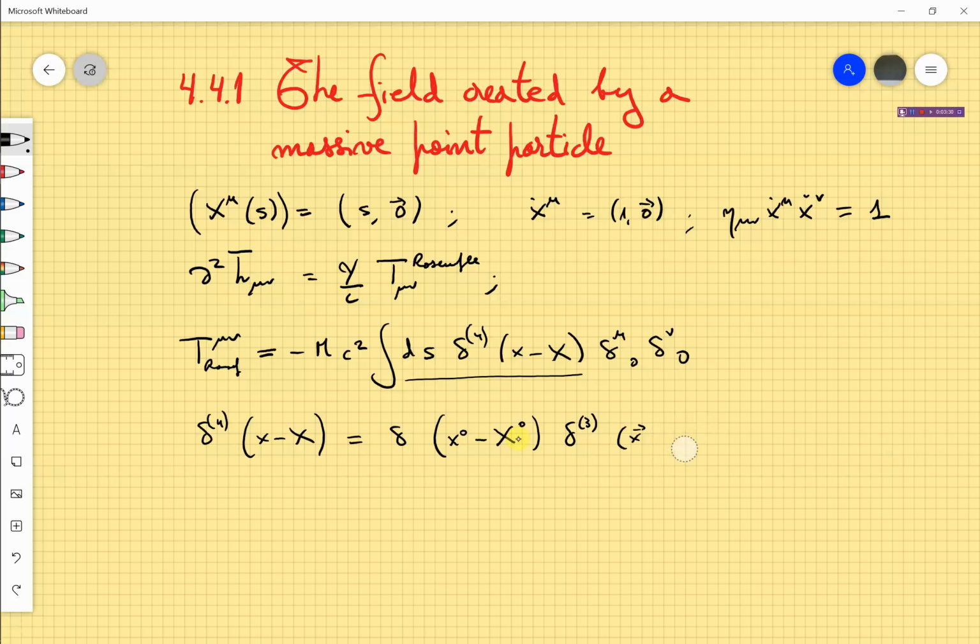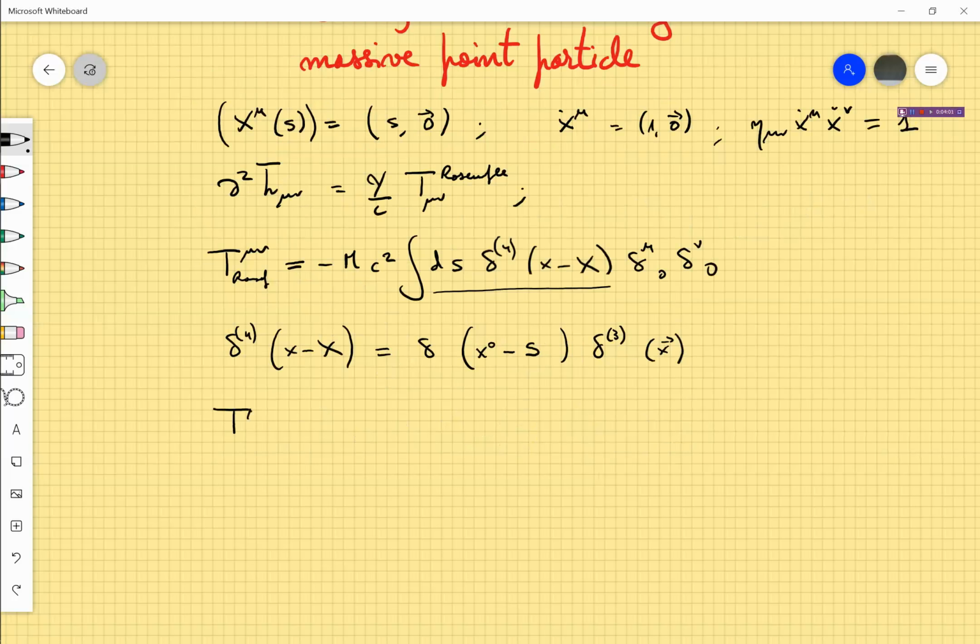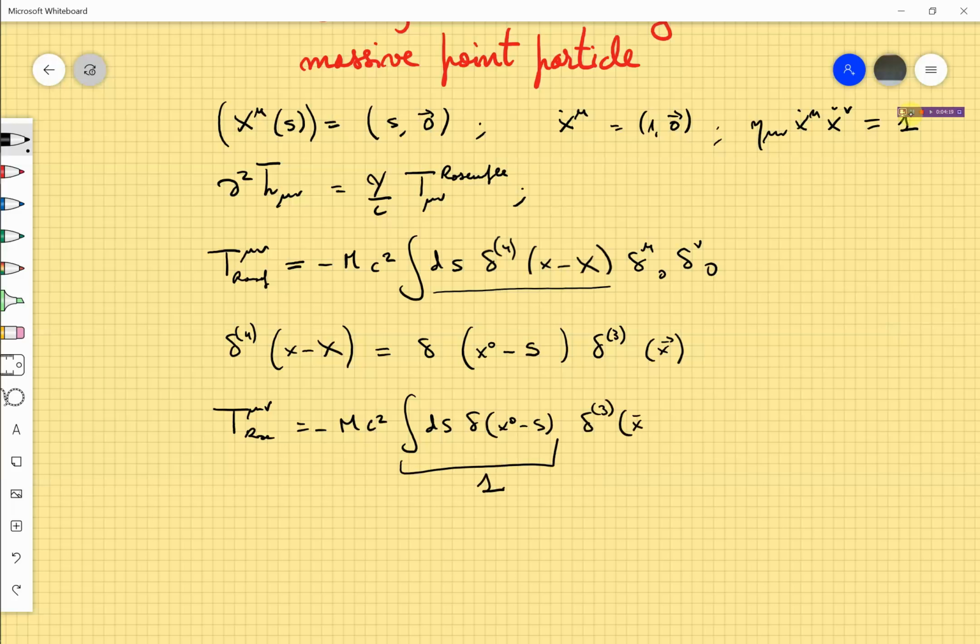This is what happens for this world line. This capital X0 is just s. And we have T mu nu equal to minus mc squared, and this integral just gives us 1, and then delta 3 of x delta mu 0 delta nu 0.